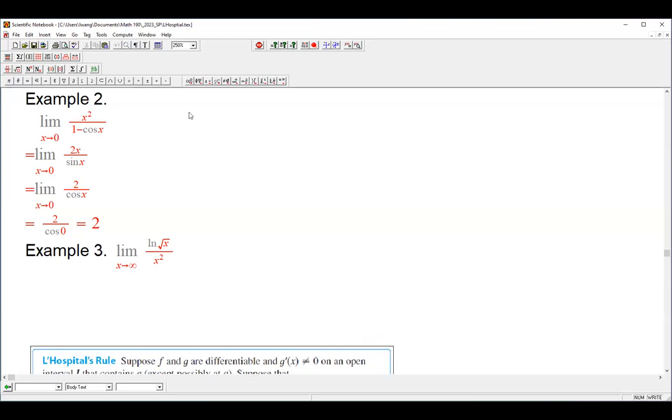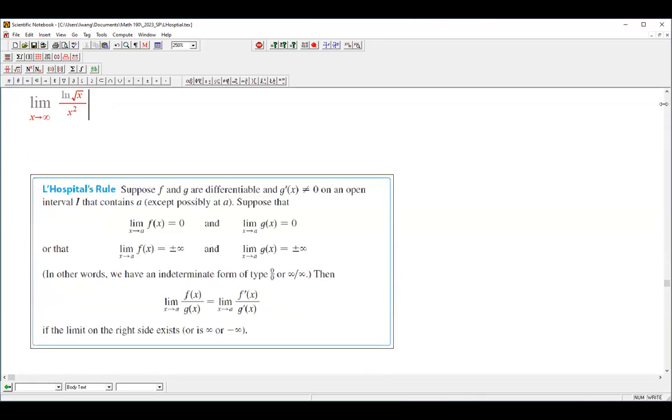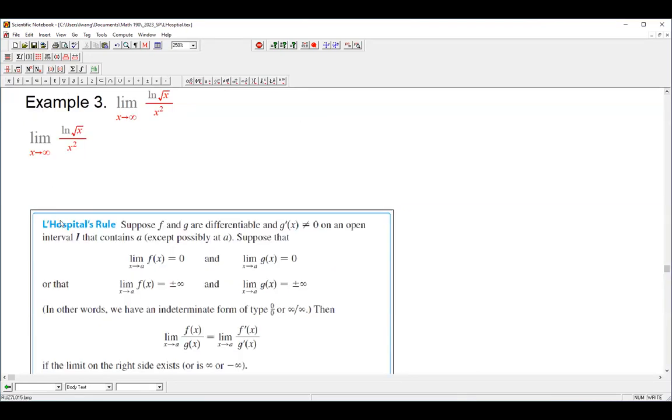What can we do? Well, it depends on whether you want to do something about ln x. As x is approaching infinity, the numerator is approaching infinity and the denominator is approaching infinity. So the second condition applies.